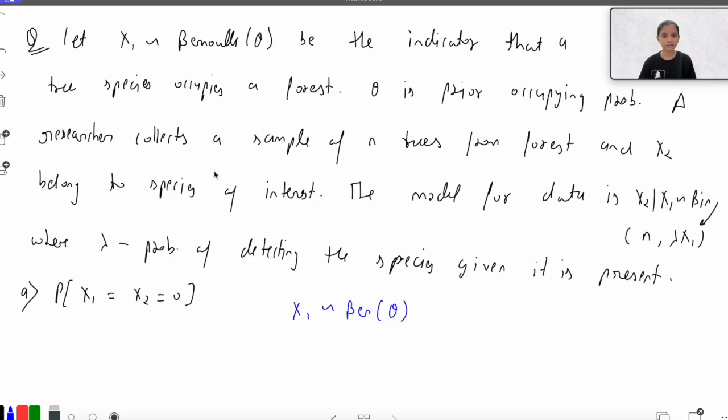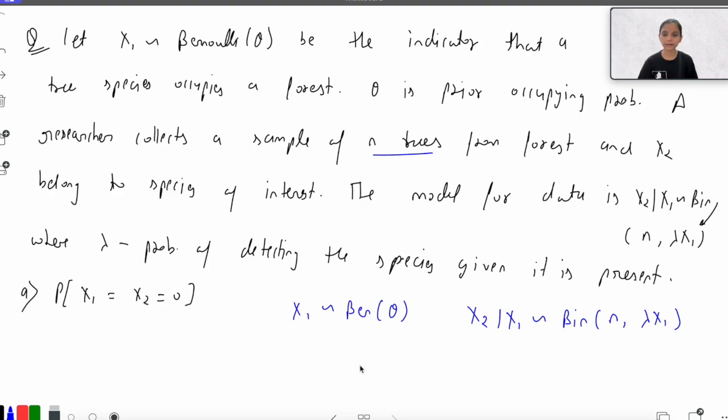A researcher collects a sample of n trees from the forest and x2 are those belonging to that particular species he is interested in. Then he forms a model that x2 given x1 follows a binomial distribution with parameters n comma lambda x1, where lambda is the probability of detecting the species given it is present. Okay, that you are actually detecting that it is present.